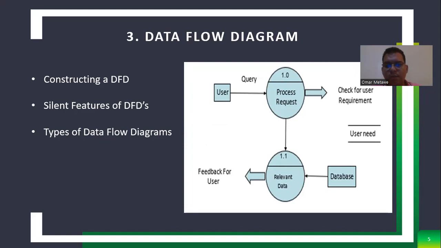Each name should be representative of the process. The direction of flow is from top to bottom and left to right. When a process is expanded into lower level details, they are numbered. The names of data stores and destinations are written in capital letters. Process and data flow names have the first letter of each word capitalized.